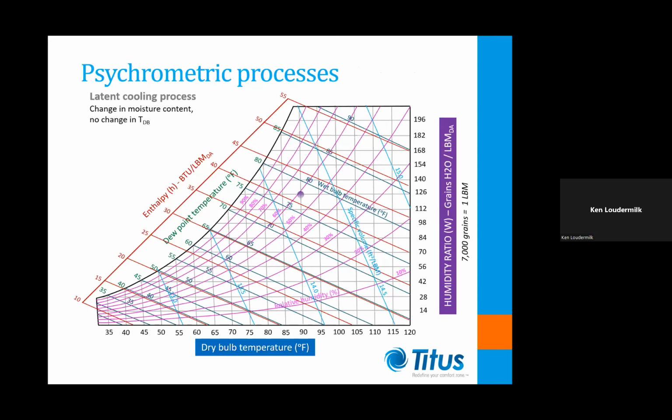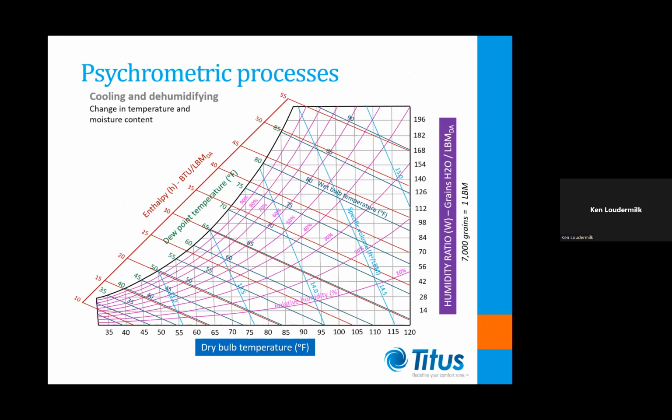Latent cooling or heating is a process where the mixture's absolute moisture content changes while its dry bulb temperature remains the same. In theory, such a process would be modeled as a vertical line on the psychrometric chart, but in reality would only apply to cases where the moist air mixture experiences a phase change and is beyond the scope of our psychrometric chart.